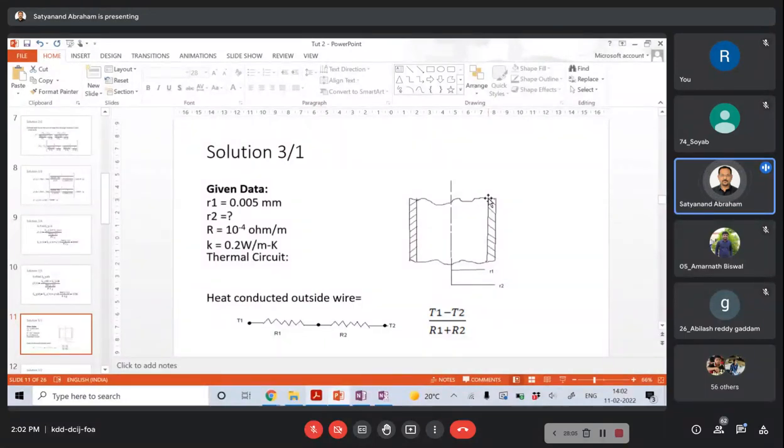For a thermal insulation, we would want the minimum heat loss to the ambient. But in this particular case, since we are talking about an electrical wire, we want the maximum heat loss to the ambient.